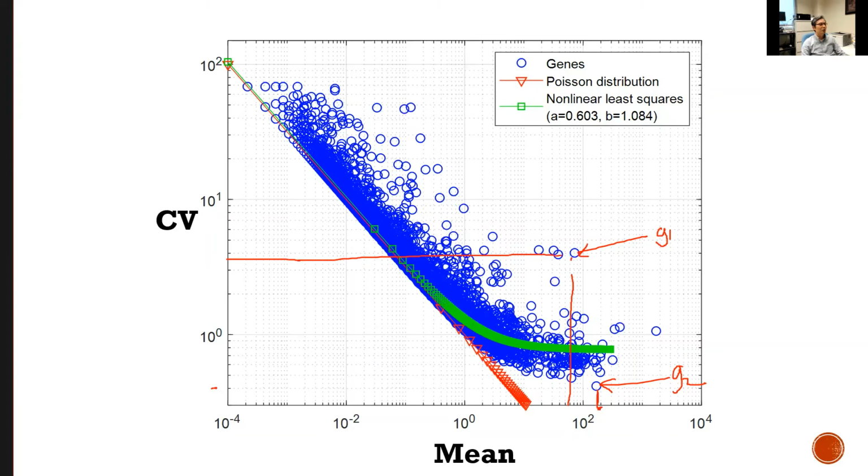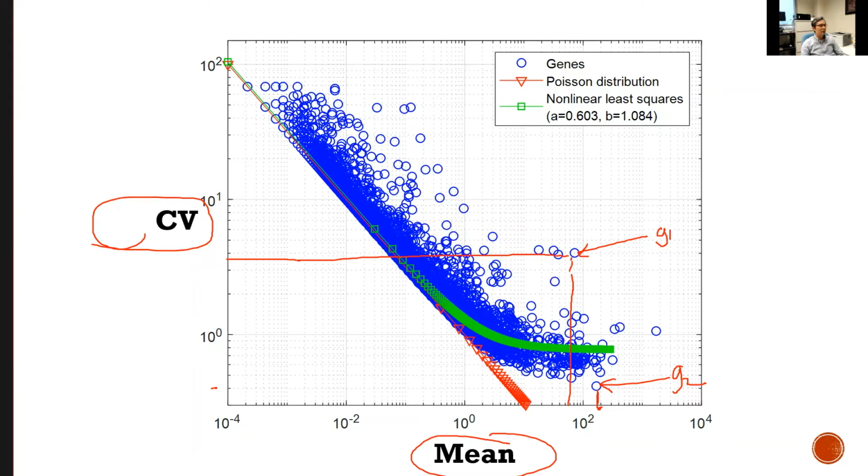We do this for all genes, and then we see a clear negative correlation between the gene mean and the gene CV among cells, when you consider all the genes, all these blue points.